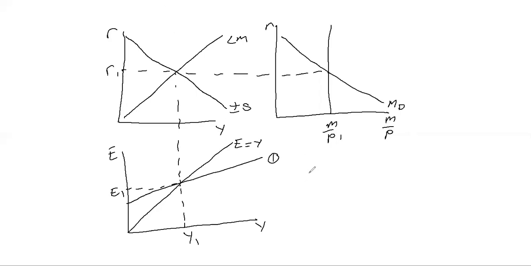Okay, so our third example is what happens if government spending increases. So let me write down a few things over here. MV equals PY and E equals C plus I plus G. Okay, so we know that our government spending will increase.